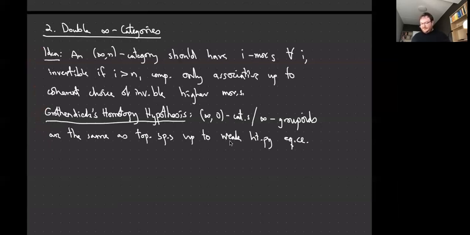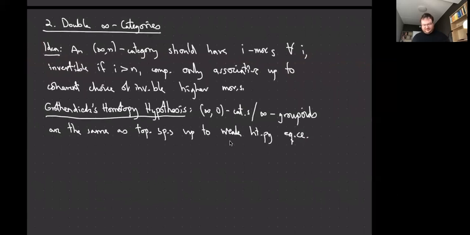If you cooked up some kind of algebraic notion of what this kind of data should be, you could regard this as a conjecture you wanted to prove about that description of infinity groupoids. But another thing you can do is to just take this as a starting point. So you basically view topological spaces as infinity groupoids, or usually another more combinatorial model of the homotopy theory of topological spaces, such as simplicial sets. And then you build a theory of infinity categories, infinity n categories, on top of this homotopical version of infinity groupoids.